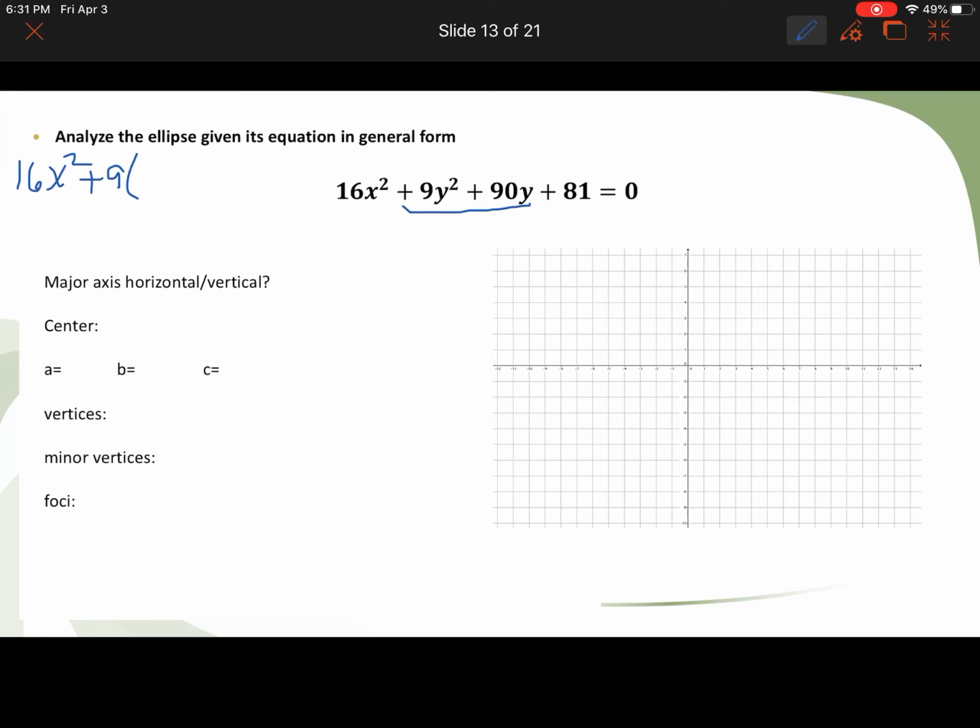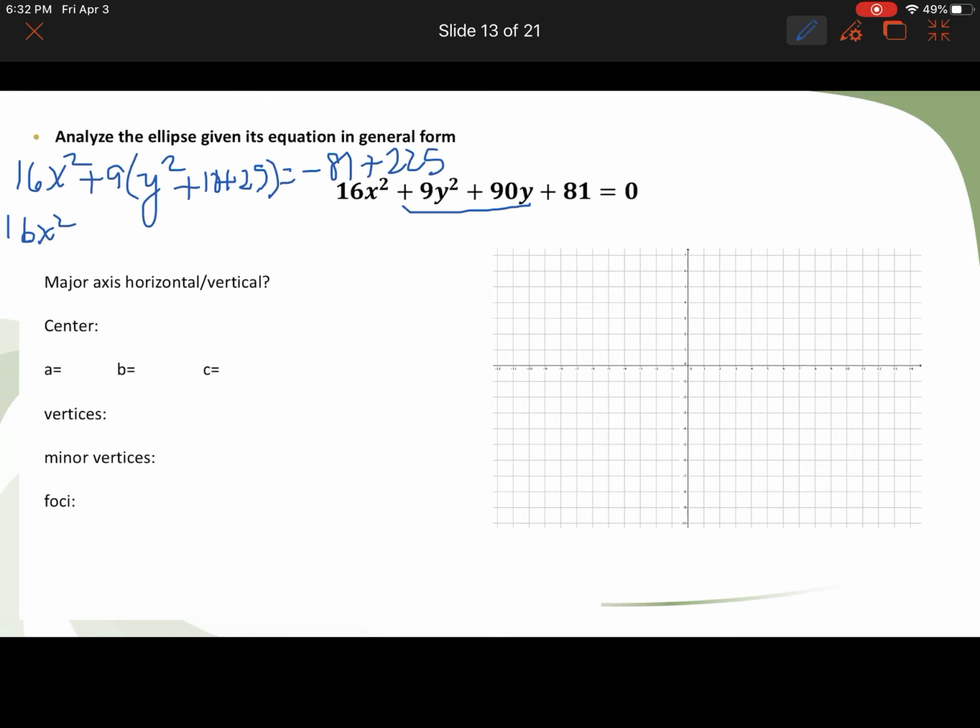I'm going to factor out a 9. I'll put the negative 81 on the other side. So this is going to be 25, because half of 10 is 5, and 5 squared is 25. And if we have 25 times 9, that's 225.